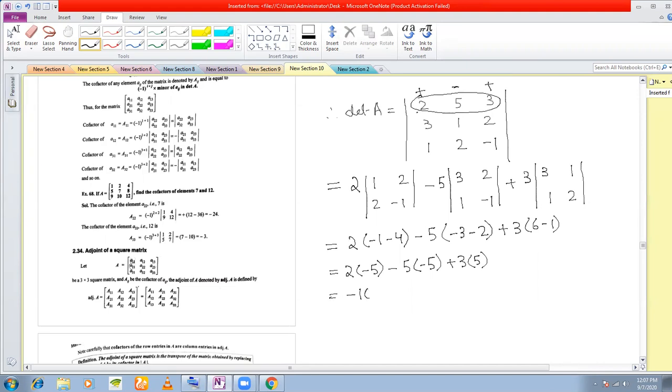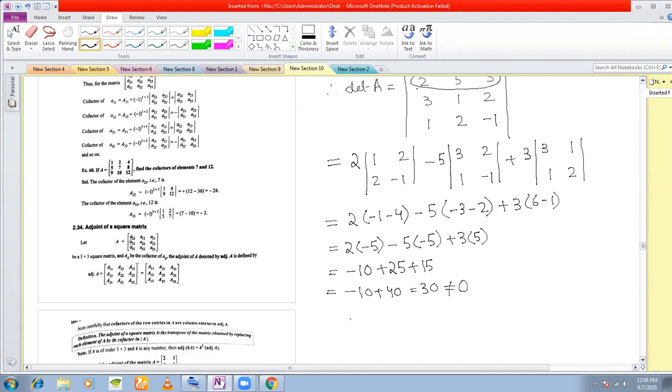So you get minus 10 plus 25 plus 15. Minus 10 plus 40 is equal to 30, which is not equal to 0. So the determinant is not equal to 0. Therefore, matrix A is non-singular. Therefore, A inverse exists.